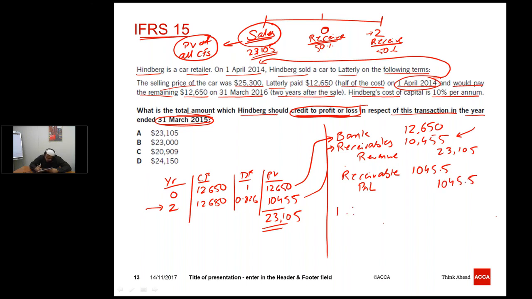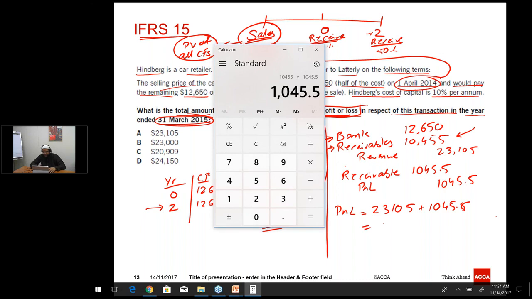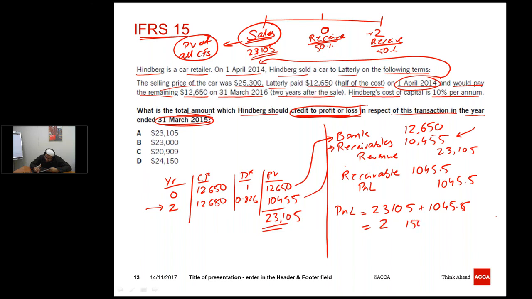So the amount being recorded in P&L is actually 23105 plus 1045.5. If I add this, 23105 plus 1045.5, I'm going to get 24,150.5. So the answer is D in this case. So we have actually recorded two elements.